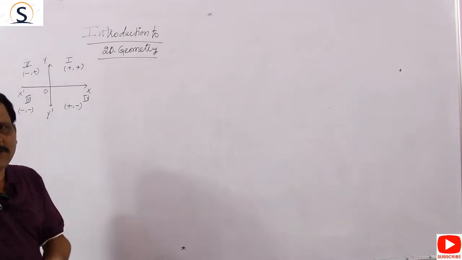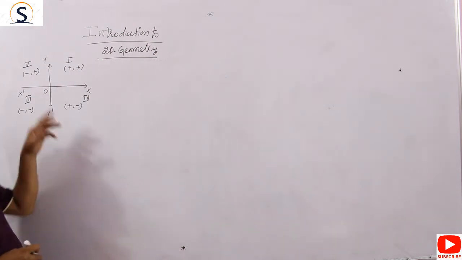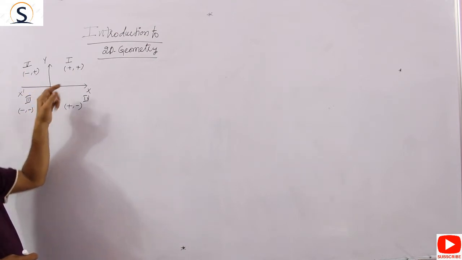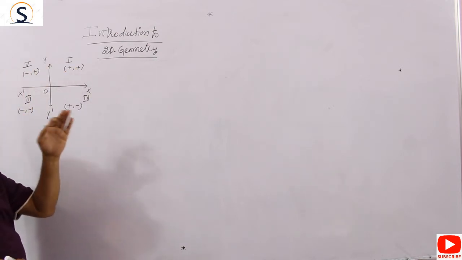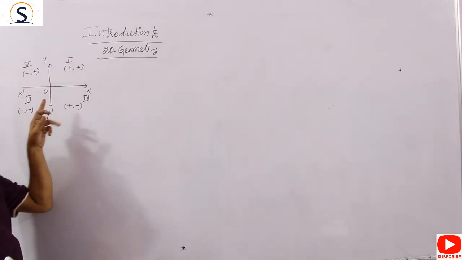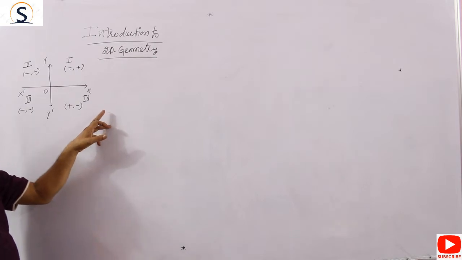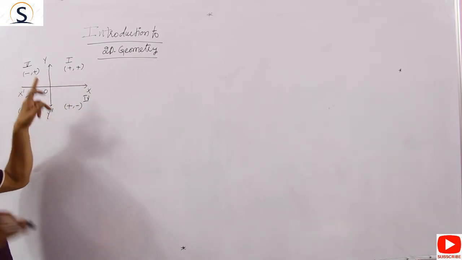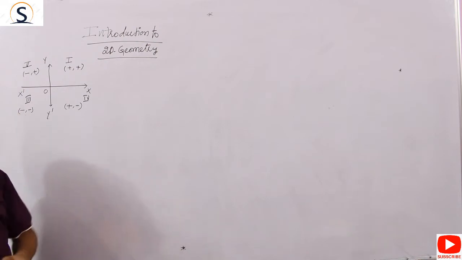So the two lines are perpendicular at O, dividing the plane into four parts: first, second, third and fourth quadrant. And these are the signs of the coordinates of the points in different quadrants.